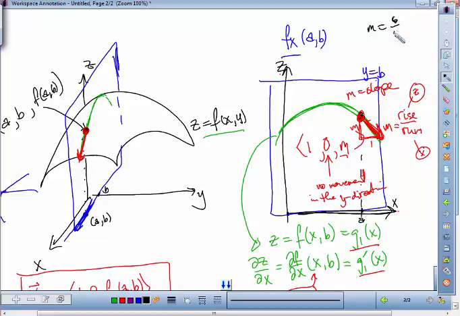Then it might be more natural to make the run equal to 5 and the rise equal to 6, right? But what I'm proposing is that we call this 1 and have the rise equal to 6/5, which is the same thing, as long as the slope is the same. Okay? All right. Good. Good questions.